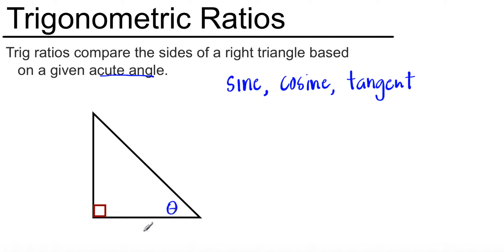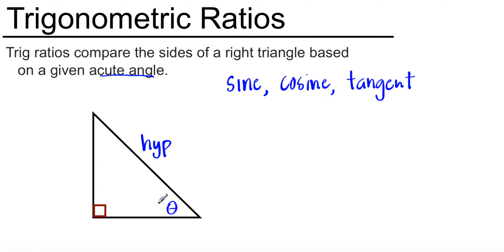Now, labeling this right triangle, what we've done before is label the hypotenuse, which is always across from the right angle. And then the other 2 sides are the legs. But let's be more specific, with respect to this angle that we labeled theta, which just means we're looking at this particular angle.